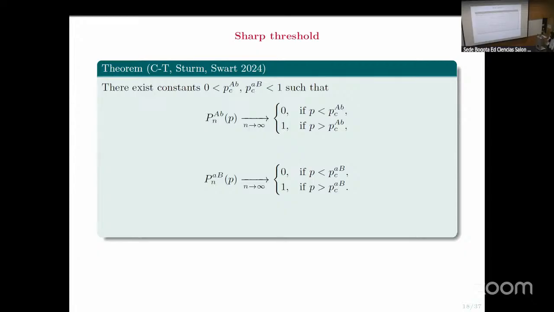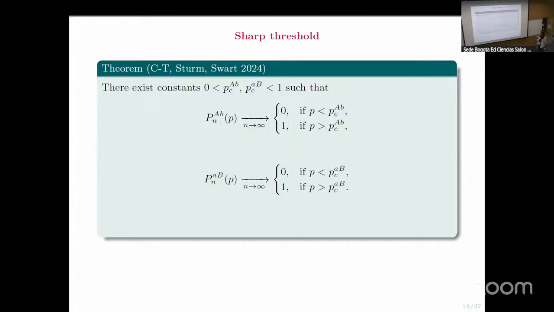Okay, so we also show phase transition. That means that there exist these values that are not 0 and not 1. When n goes to infinity, if you take p less than pc, Alice is going to have a winning strategy with high probability as the number of moves increases. And if you take p bigger than this pc, then you are going to have a winning strategy for both with high probability.